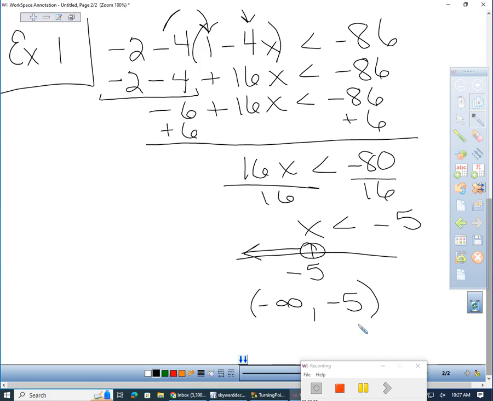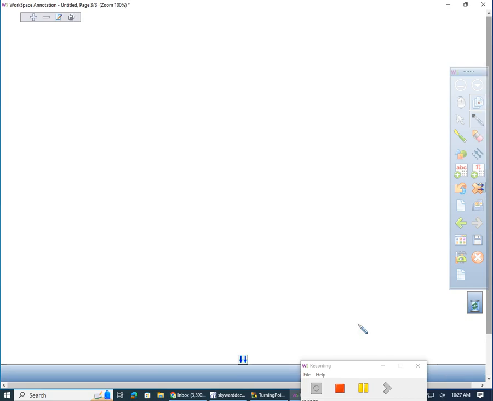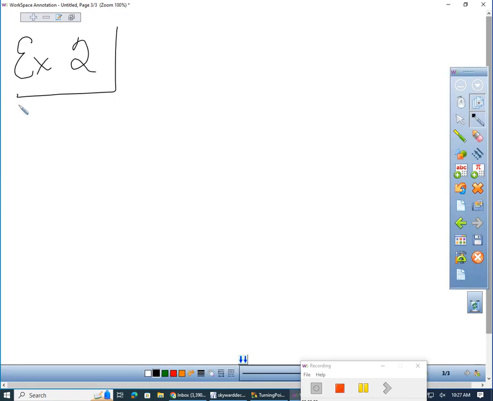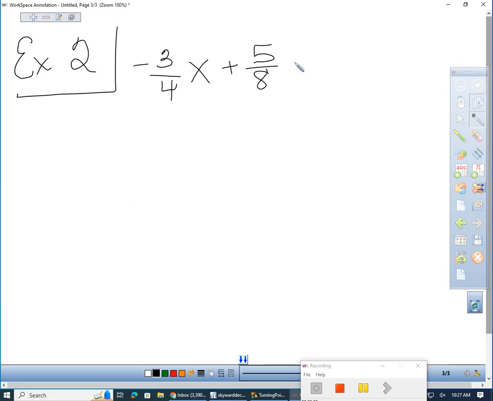All right. So let's step it up a little bit. All right, example number 2. Let's go with -3 over 4x plus 5 over 8 is less than or equal to x minus 10.